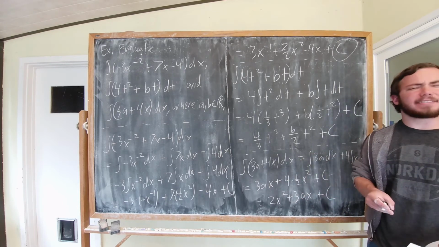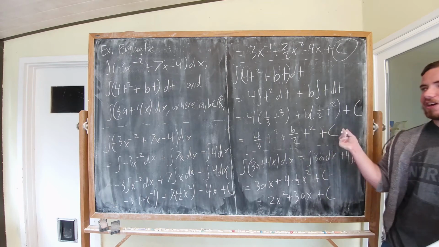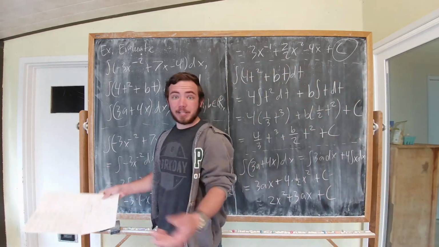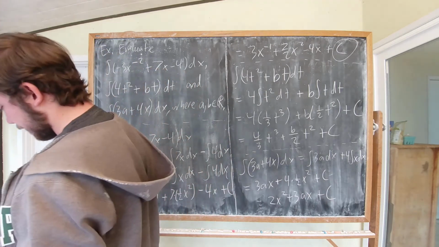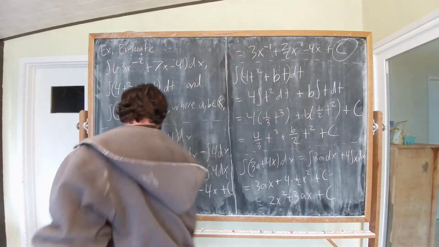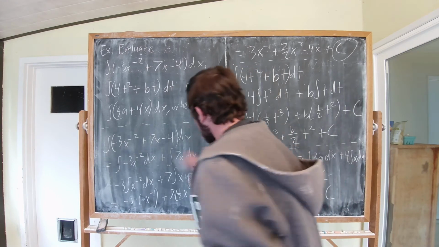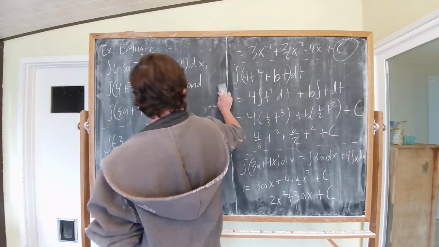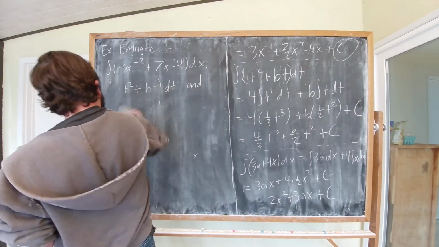Alright, I think that's enough examples for the sum rule and the power rule, all that jazz. Let's talk about exponential derivatives and integrals, and then logarithmic derivatives and integrals. Or rather, we've talked about the derivatives, let's talk about their integrals.